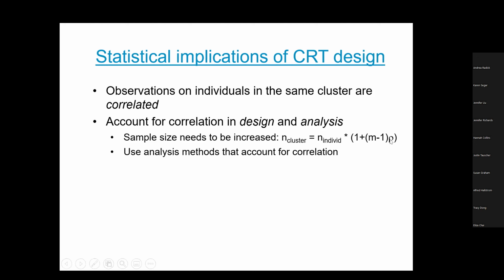So to deal with that, I would say the most common cluster randomized trial design is a variant on this, which is a matched pair parallel cluster design. It's very similar to the parallel design, except that you first match the clusters according to some key criteria that you think might influence the outcome. So you might want to match rural clusters together and urban clusters together, or large health clinics together and small health clinics together.